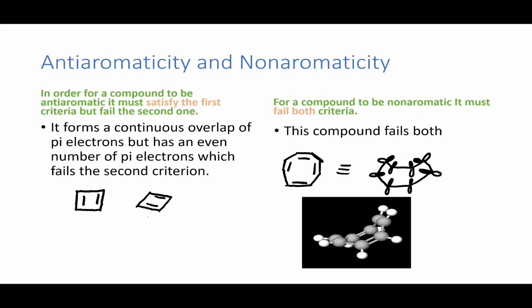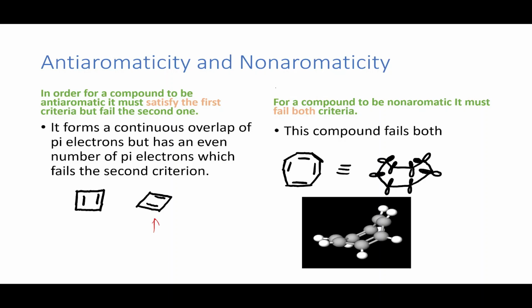If you see it from the sides, you're going to see that it is planar, and it is conjugated, but it fails Huckel's rule. So it is anti-aromatic rather than non-aromatic.